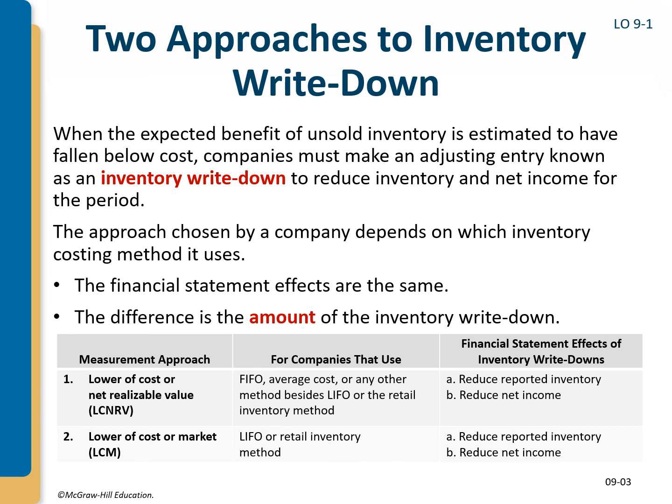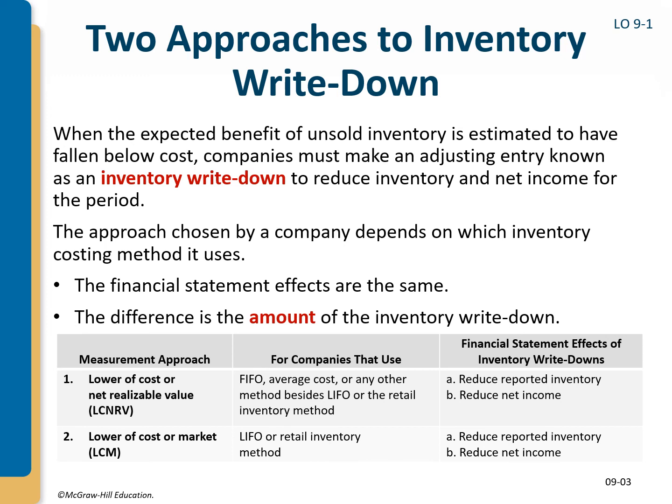So if you use FIFO, average cost, or some other method besides LIFO or retail inventory, which we're going to show you in this chapter, you use what's called the lower of cost or net realizable value.